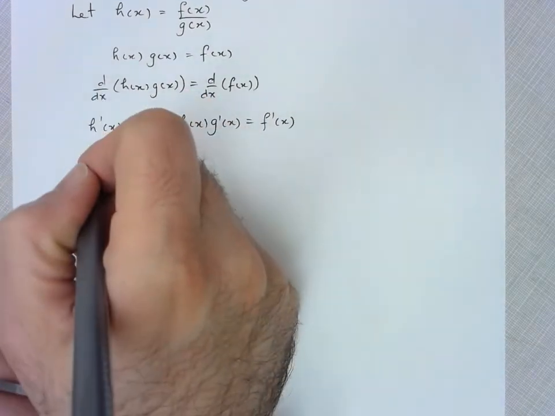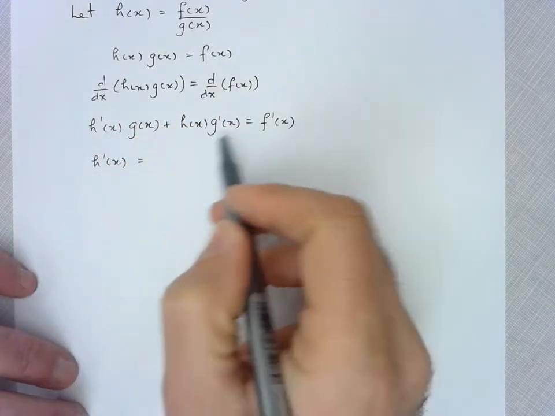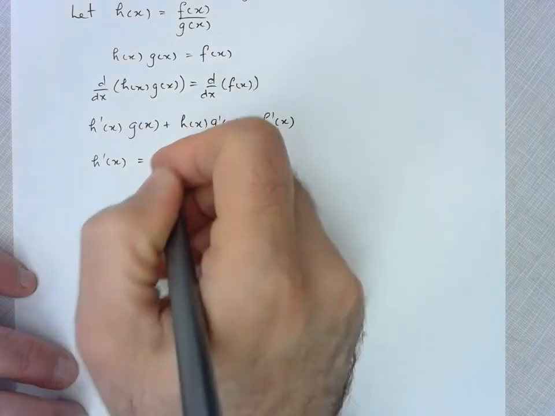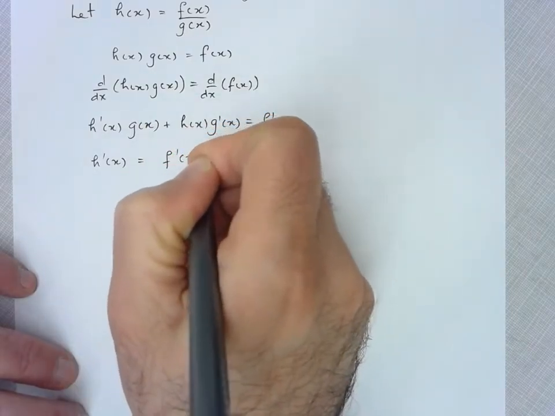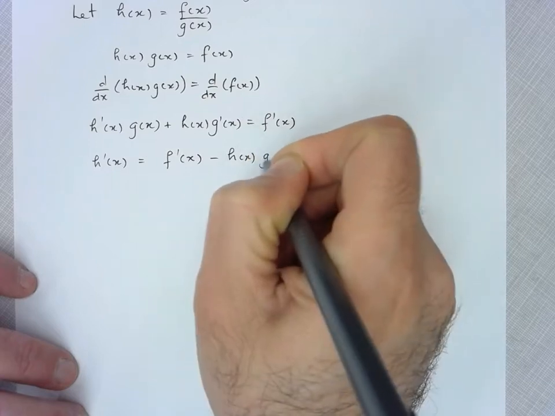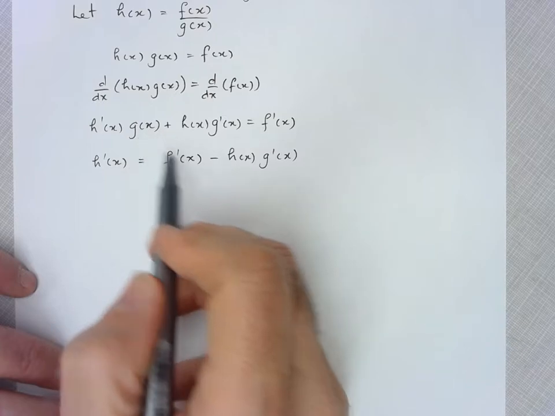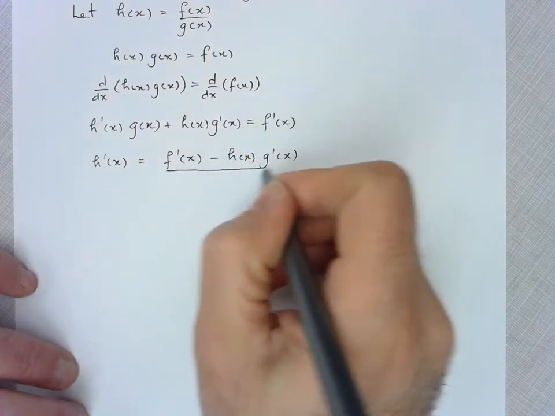So I want to isolate h prime at x. First, I'm going to bring this addition to the other side, so I have f prime at x minus h of x g prime at x. Then I can divide both sides by g of x.